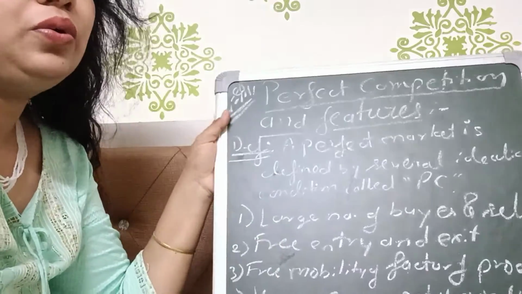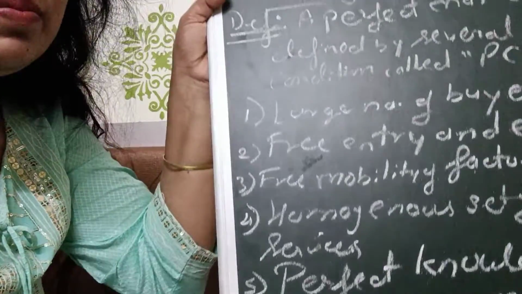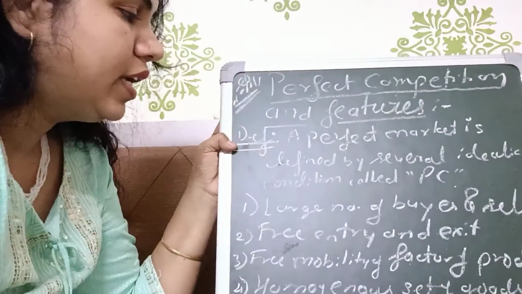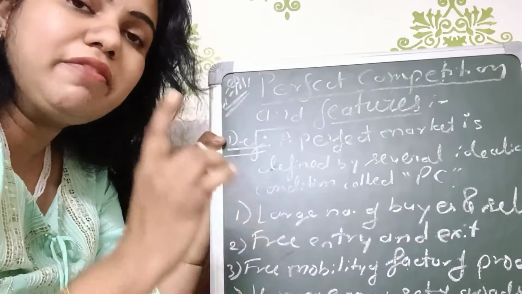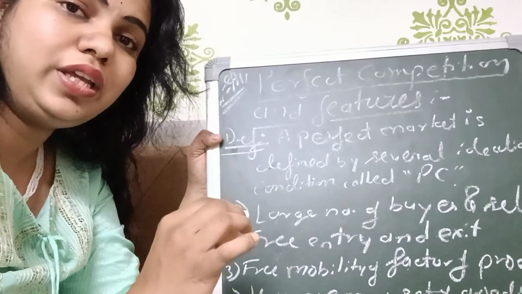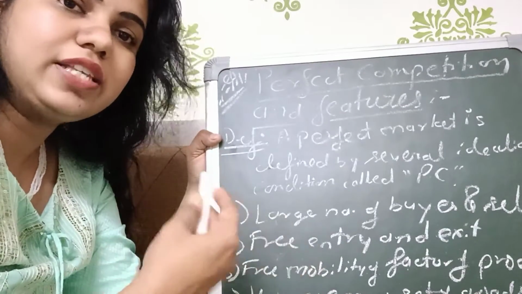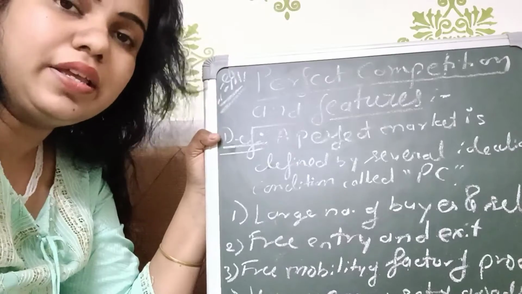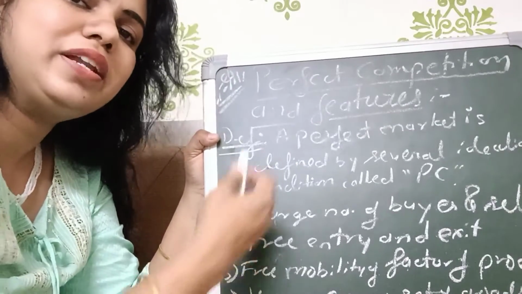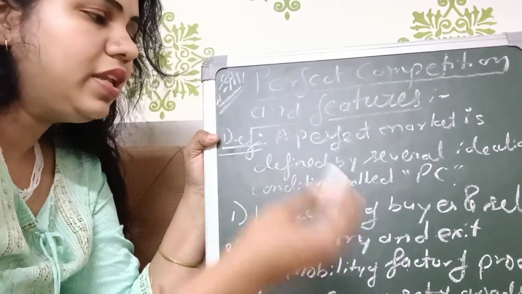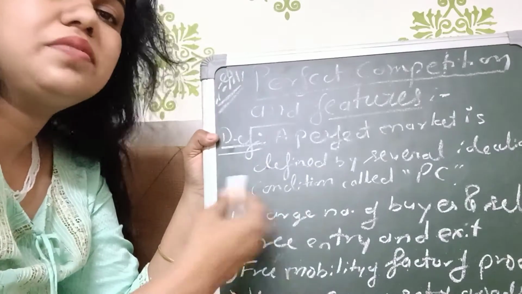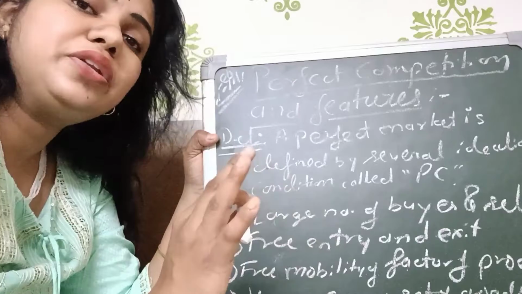Now you can see below, if it is visible for you. A large number of buyers and sellers in the market is the first main feature, and it is very common, as we are all also buyers who buy products. There are many buyers, as there are many people in a country, and there are many sellers. It's a very simple market that we see in day-to-day life.